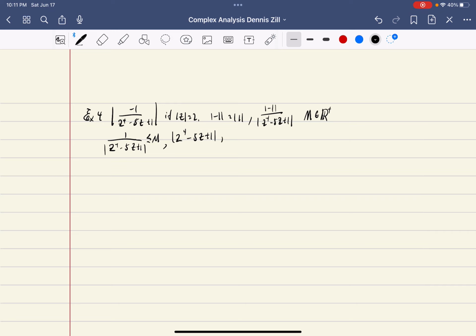So really we can just say this is equal to, we have z to the 4 over here, maybe we want to factor out a negative sign, we have 5z minus 1, right? And that is greater than or equal to, if we would just put the modulus in there.